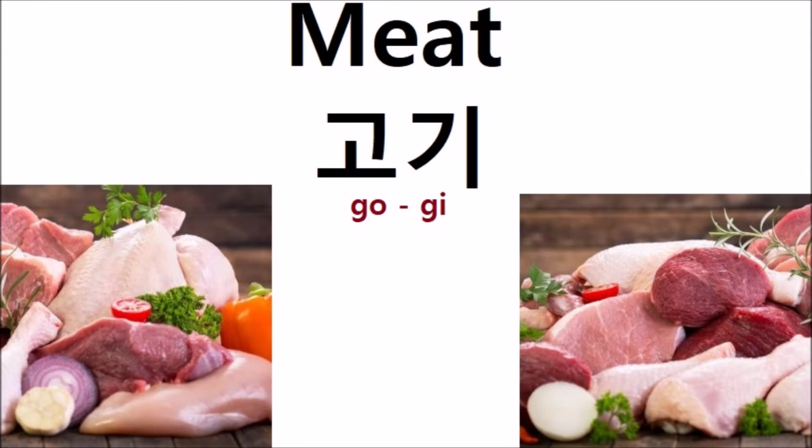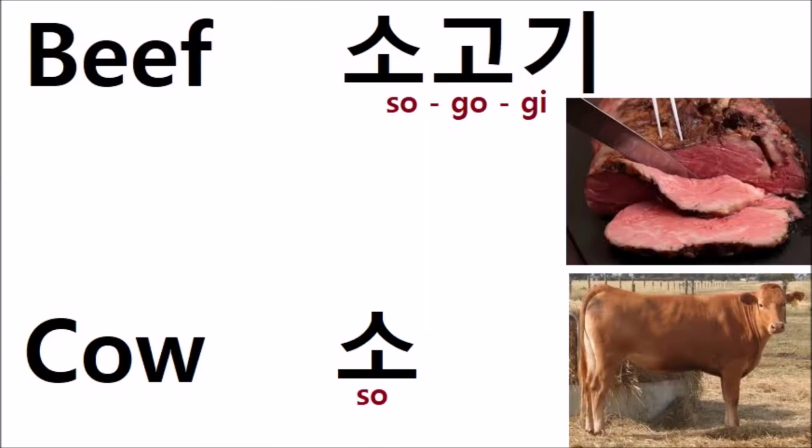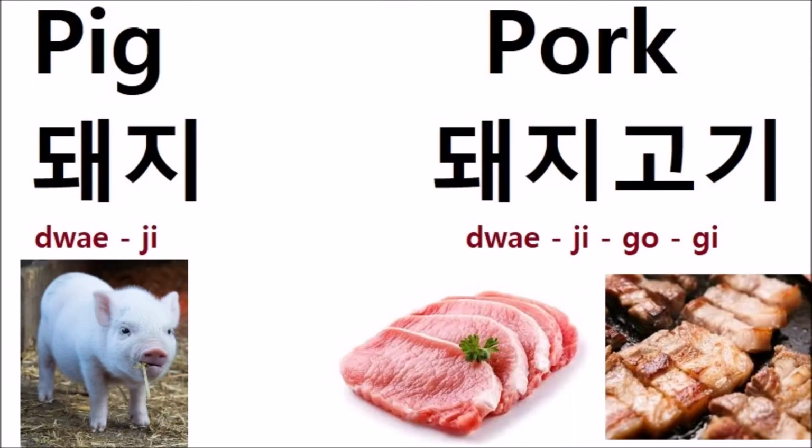Meat is gogi. All the different types of meat are called blank gogi. For example, beef, cow meat, is sogogi. So means cow. Pork is pig meat. Dwaejigogi. Dwaeji is a pig.